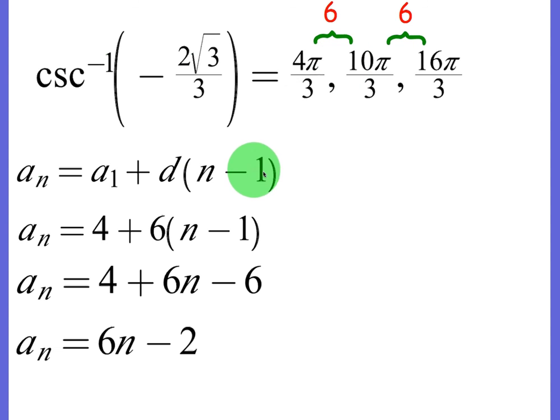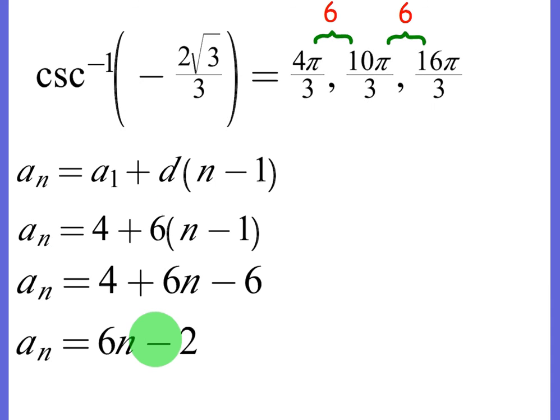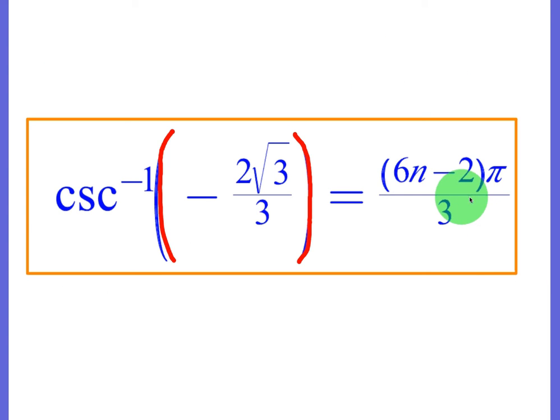Again, using the formula for arithmetic sequences, our common difference for the coefficients in the numerator is 6, and the first coefficient is 4. Plug that into the formula: 4 plus 6n minus 6 would give us 6n minus 2. So for our first formula, this is going to be 6n minus 2 for that coefficient times pi over 3, because everything was still just pi over 3. So that's our first formula.